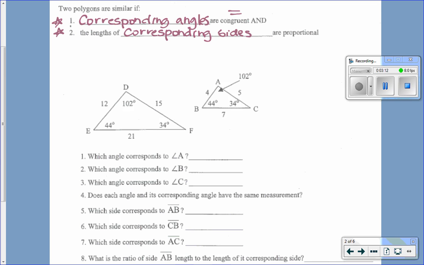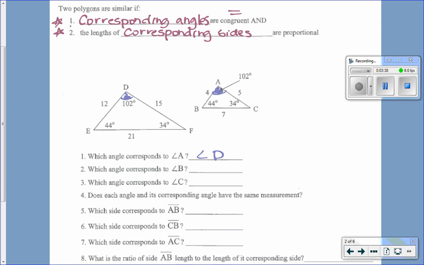That makes up a similar figure. Okay? So I'm going to get my one color. And number 1, which angle corresponds to angle A? Good. Angle D. And go ahead and you can shade that in. They are corresponding. Are we good so far?